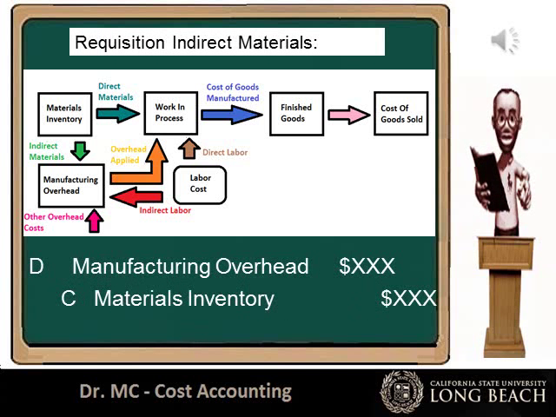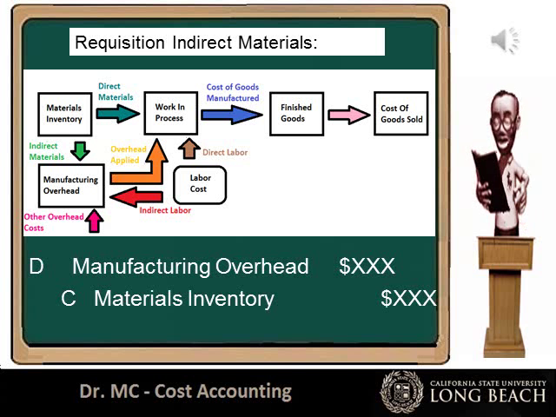Consider the journal entry made when a factory requisitions indirect materials. Where are indirect materials going? Anything with direct in its name goes directly into work in process. Every other factory cost goes first into manufacturing overhead, and then, eventually, it is applied to work in process.